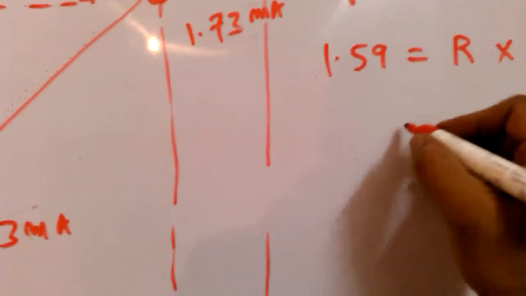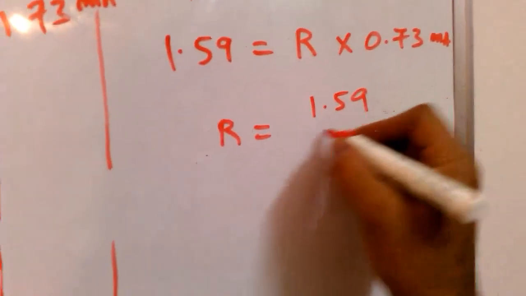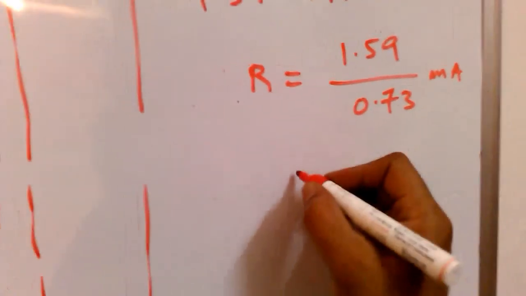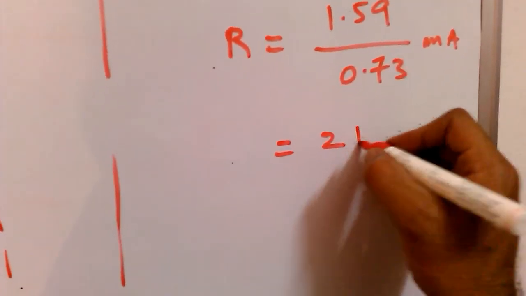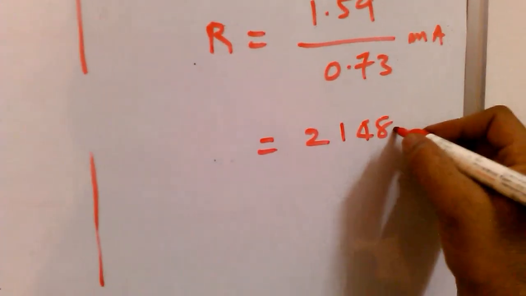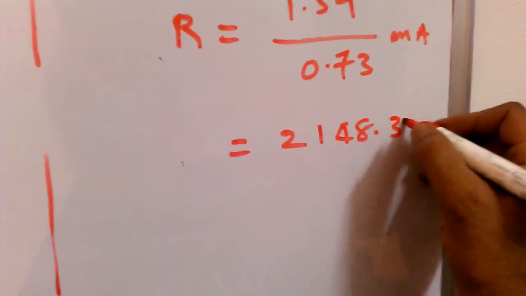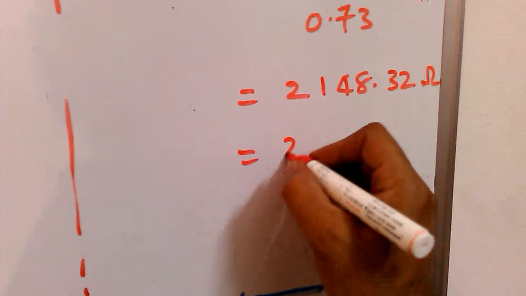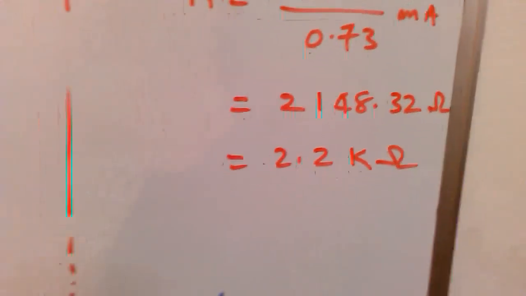Okay, milliamps. So now resistance is equal to 1.59 divided by 0.73 milliamps, which should come to 2148.32 ohms, which is approximately 2.2 kilo ohms.